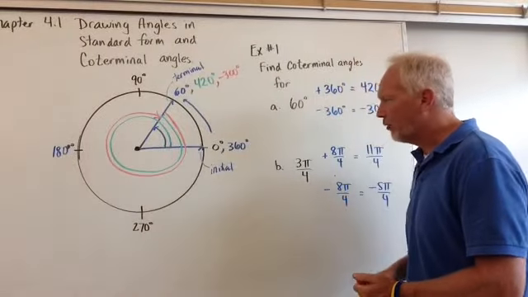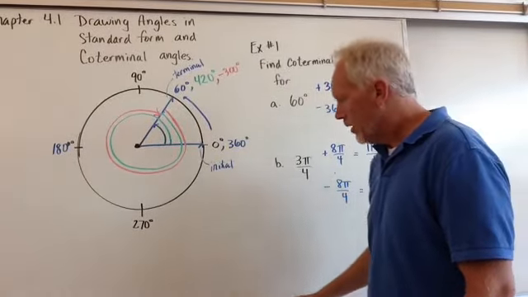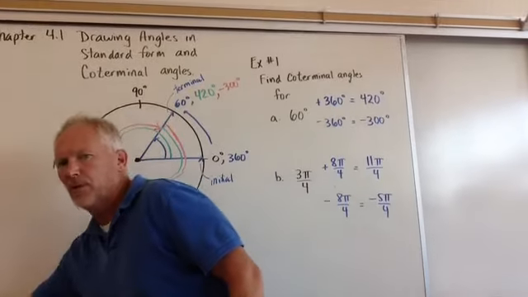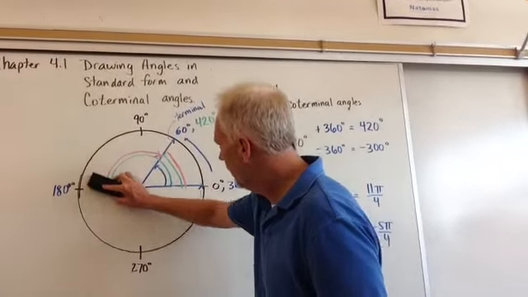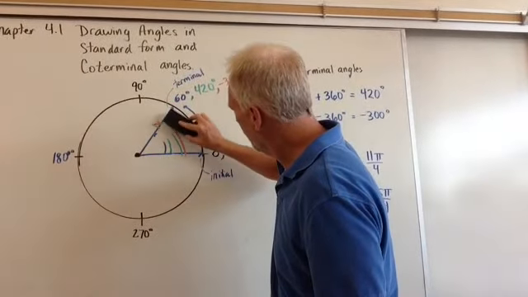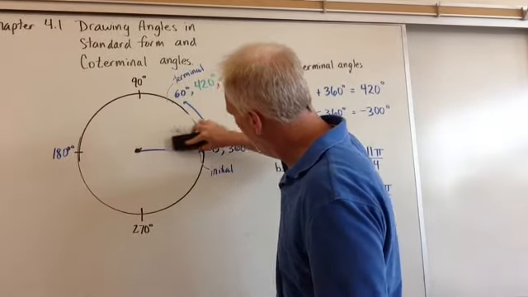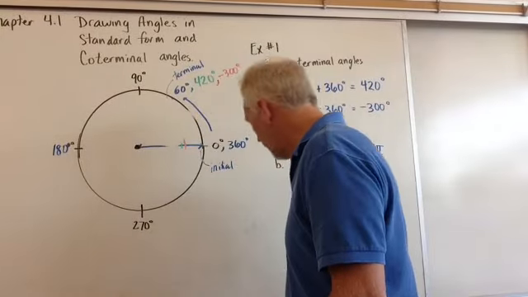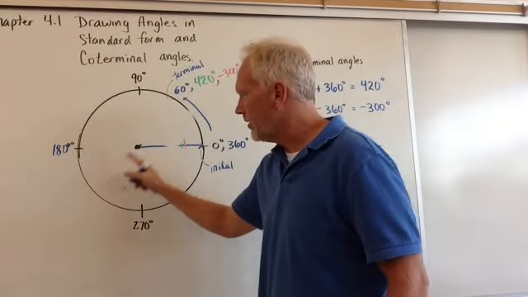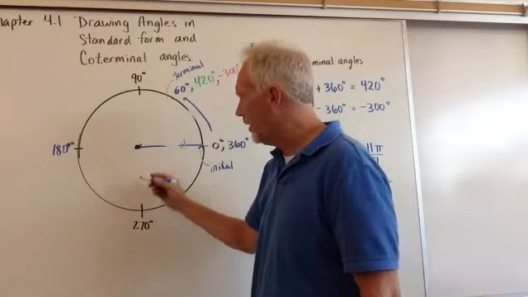Okay, we have another one. 3 pi over 4. Well, let me get rid of some of this in here. Say we have now 3 pi over 4. So 3 pi over 4 is going to be down in this section. It's in quadrant 3.